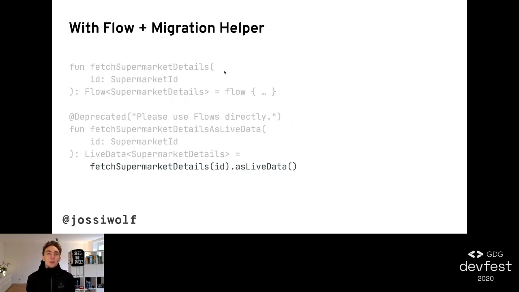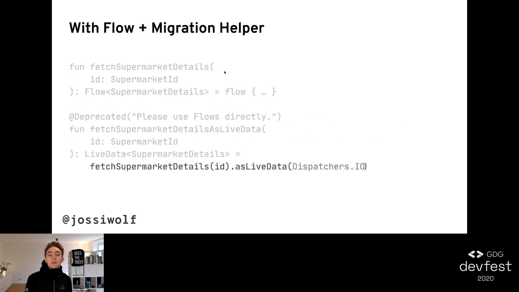Similarly to how we specified the context before with the LiveData Lambda builder, we didn't do this for the Flow builder because it doesn't support that. Execution context in Flow works a little bit differently. I'm going to link a blog post later.